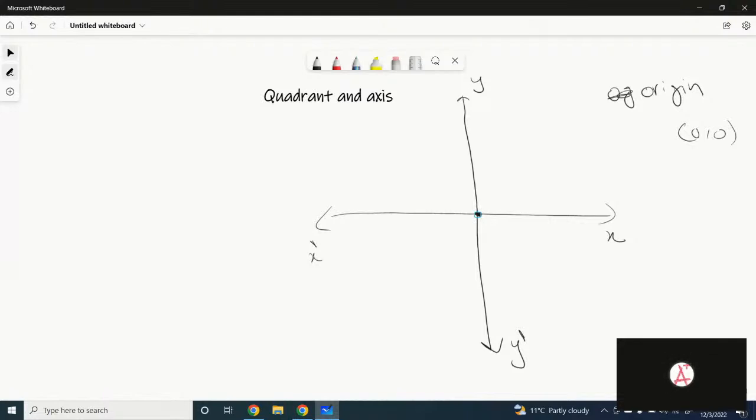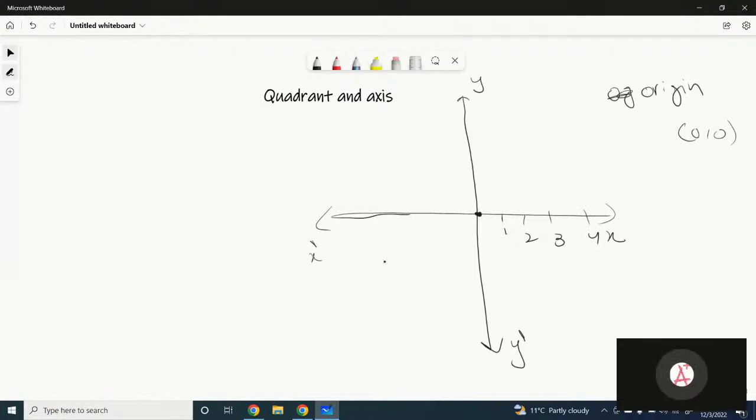So on this line, the x-axis, all the y values are 0. And on the y-axis, all the x values are 0. Got it? Also, on the right hand side of the origin, you have all the positive numbers, 1, 2, 3, 4.